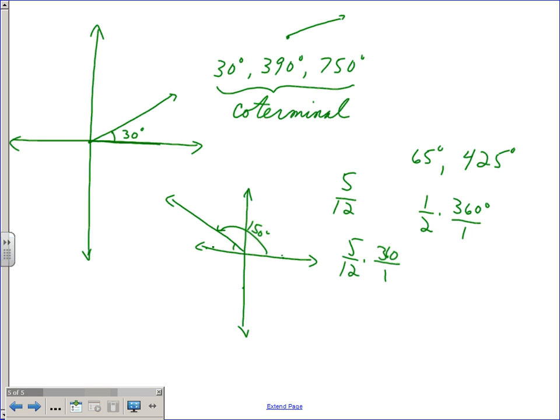So a 5/12 counterclockwise rotation is actually 150 degrees. And how do we get it? Multiply by 360. Okay. A coterminal angle of 150 degrees would be adding 360 to that. So that'd be 510.